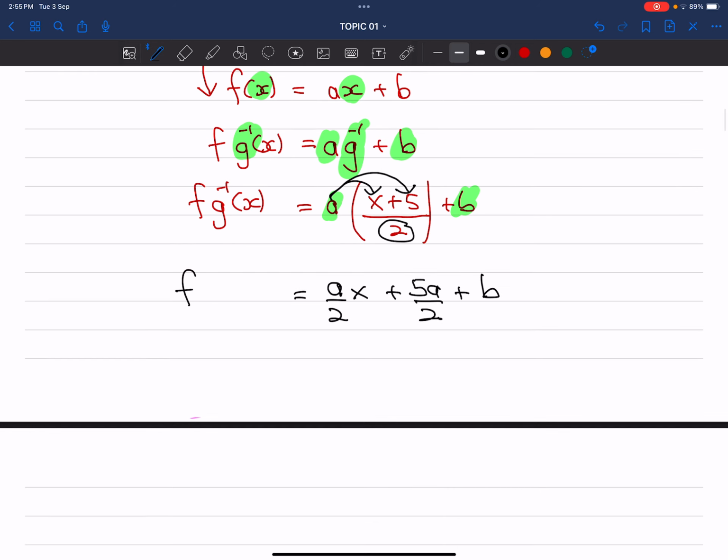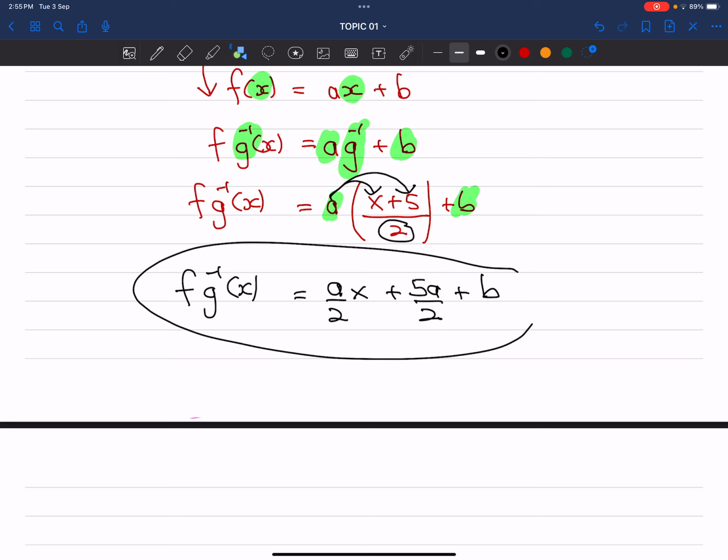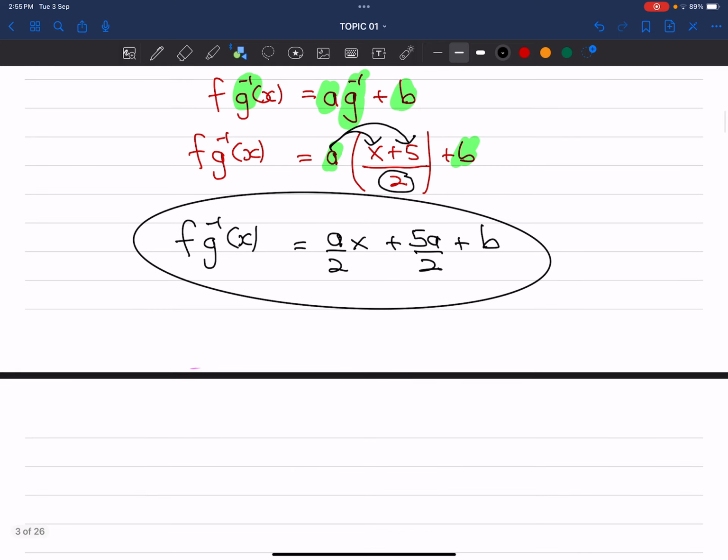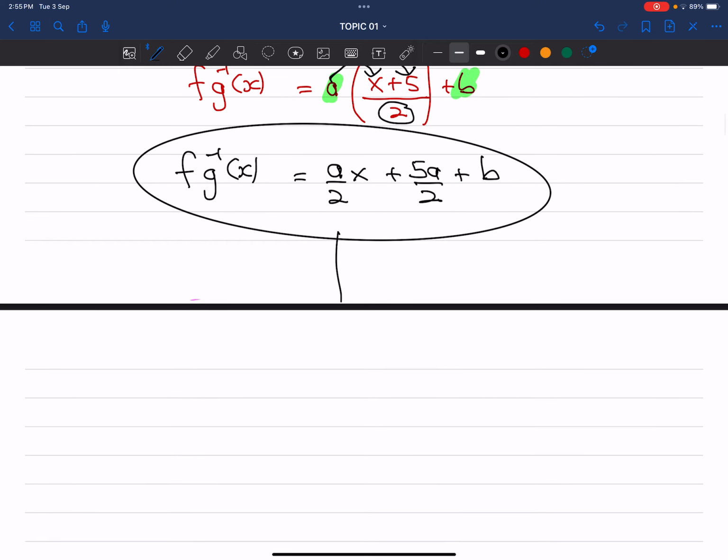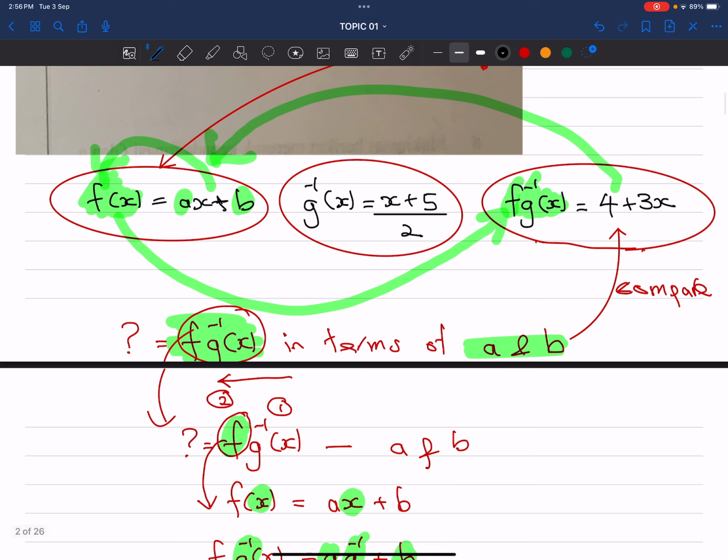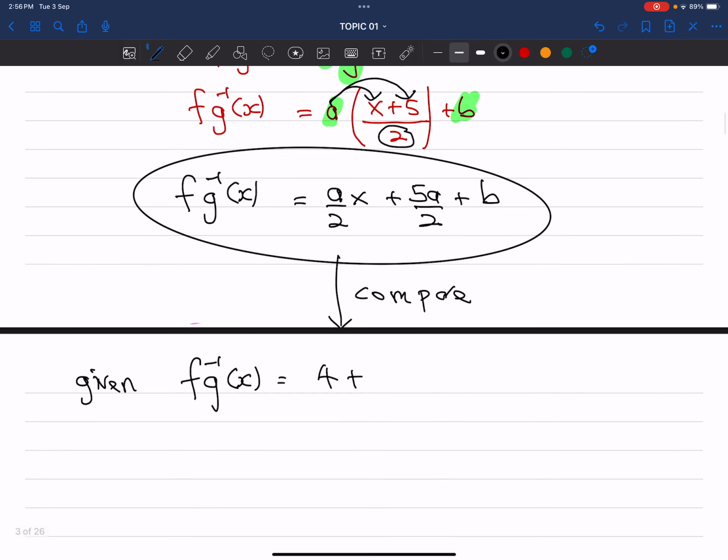This is our FG inverse of x. This is what we obtain. Now we are going to compare this with the given FG inverse, the one they already gave us, which was 4 plus 3x.